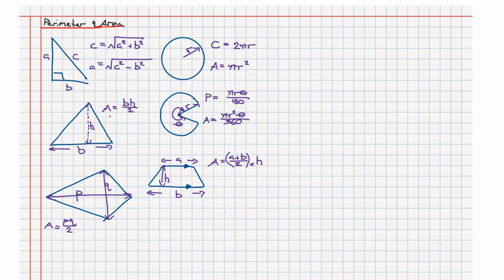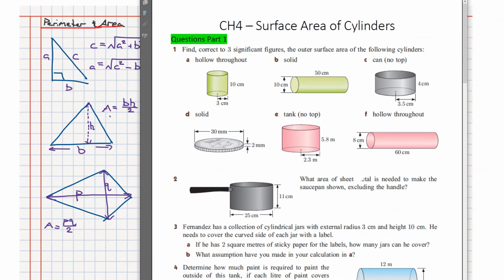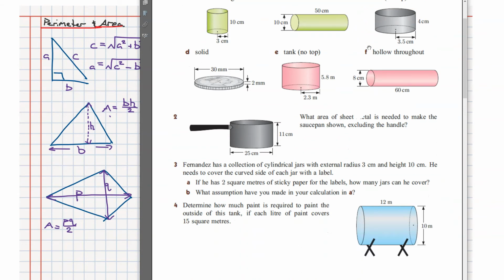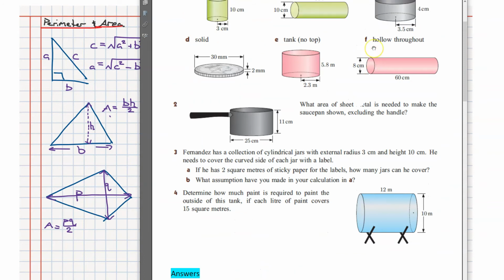Now, going on, we've done area and we've done perimeter. The next one we need to do is surface area. So again, surface area is just a different application of area itself. So the way in which we're going to do this is, again, we pull up the worksheets that we've worked on and we just have a scroll down and look at the information that's involved in it.